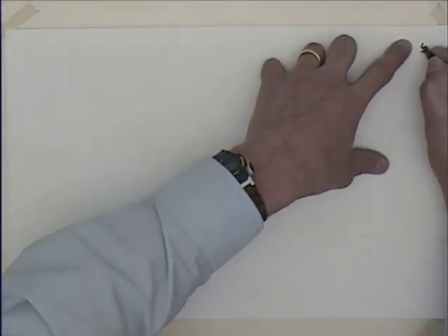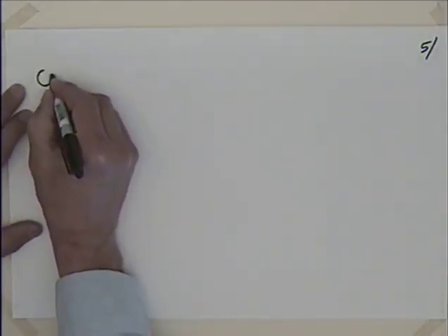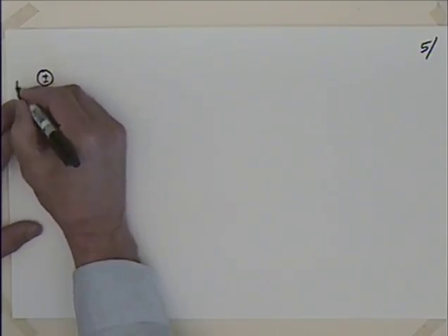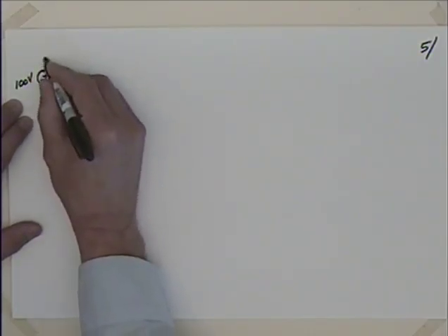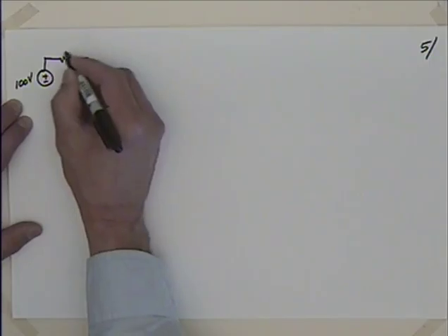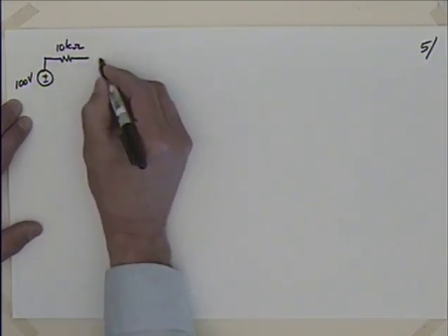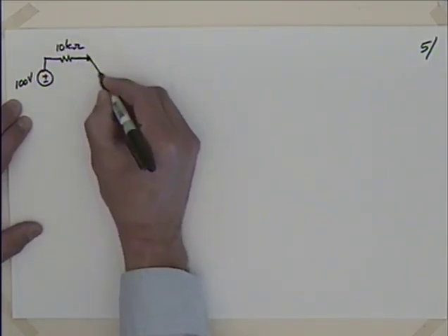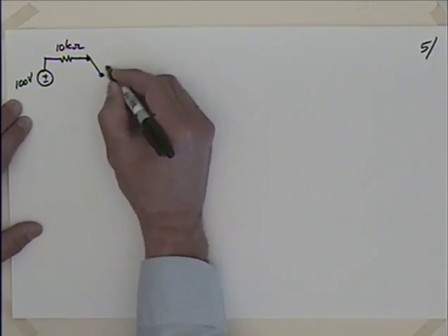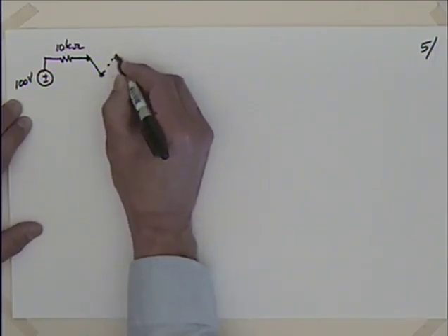And with page 5, I'll look at this problem here, and I'm going to say that I have a circuit that looks like this. I've got a source here, take 100 volts, put a resistor in here, 10 k ohms, and I'm going to have a switch that can move to 2 positions.